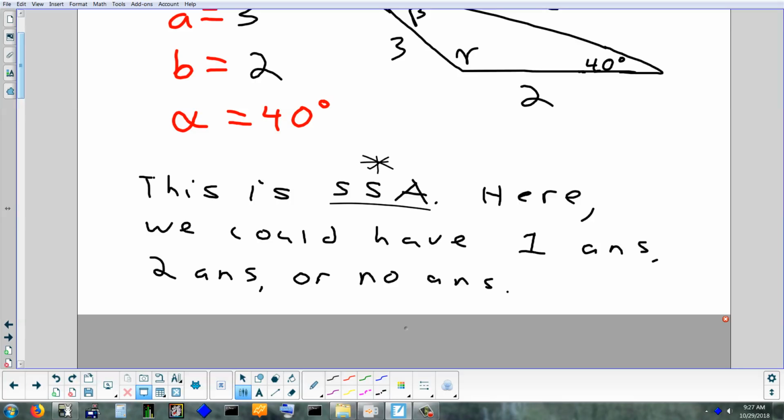And the way I remember it, if you write the abbreviation backwards, then this case can be a pain in the, there you go. So that's how I remember that this case is the one that's kind of a pain, SSA. We'll start it, we'll go through it, and when we get to the point where we have to figure out, wait a minute, 1 solution, 2 solutions, what's going on, I'll explain how we do that.